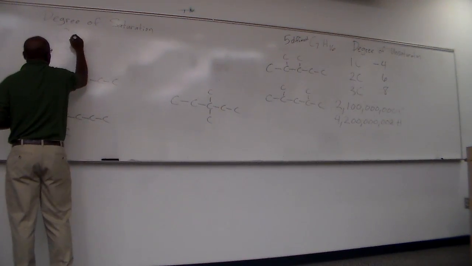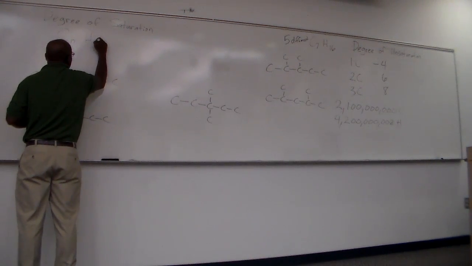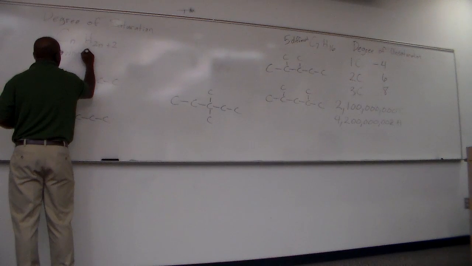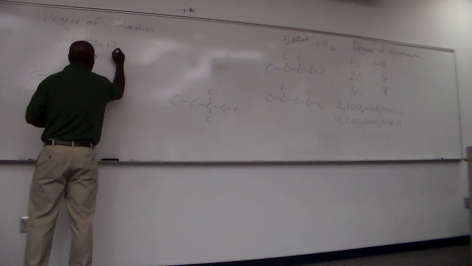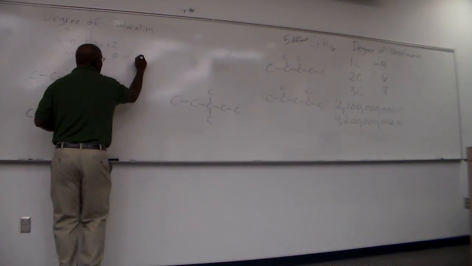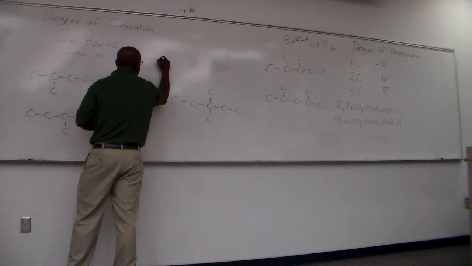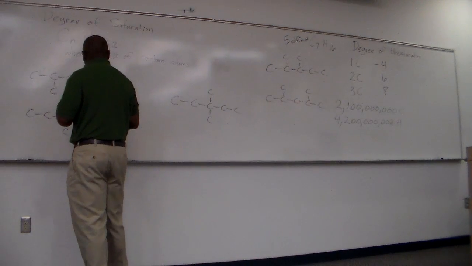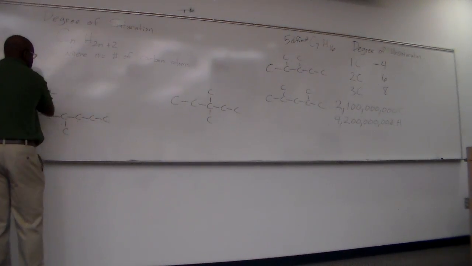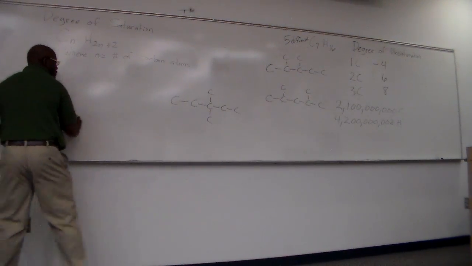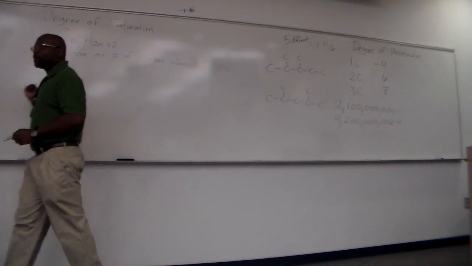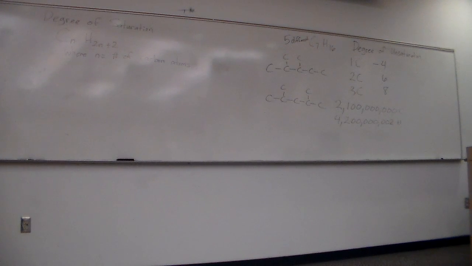It's going to be CnH2n+2, where n is equal to the number of carbon atoms. Here's the way of checking the early ones, where n is the number of carbon atoms.